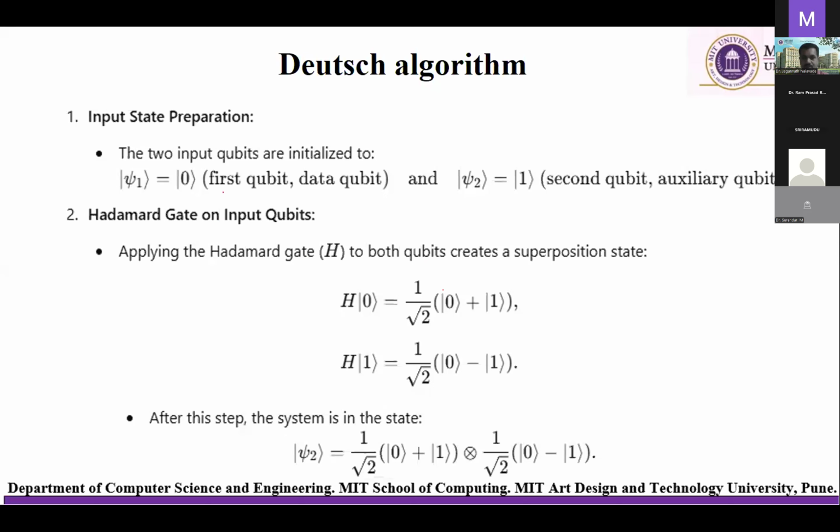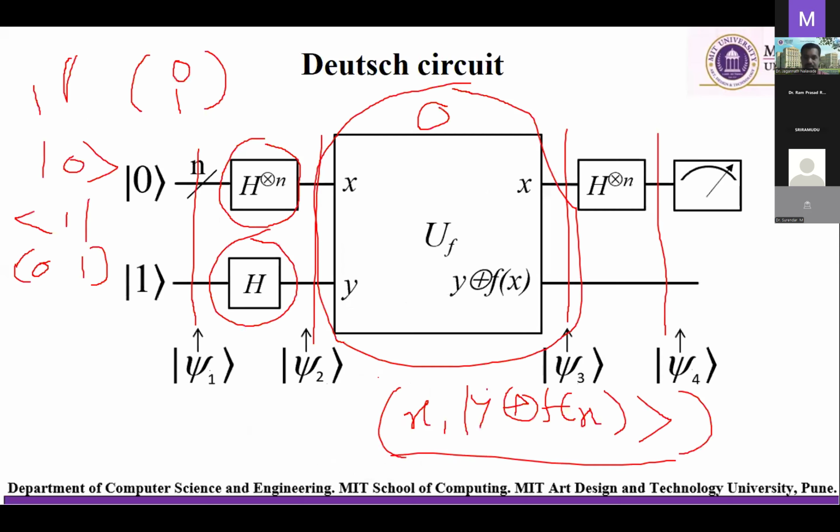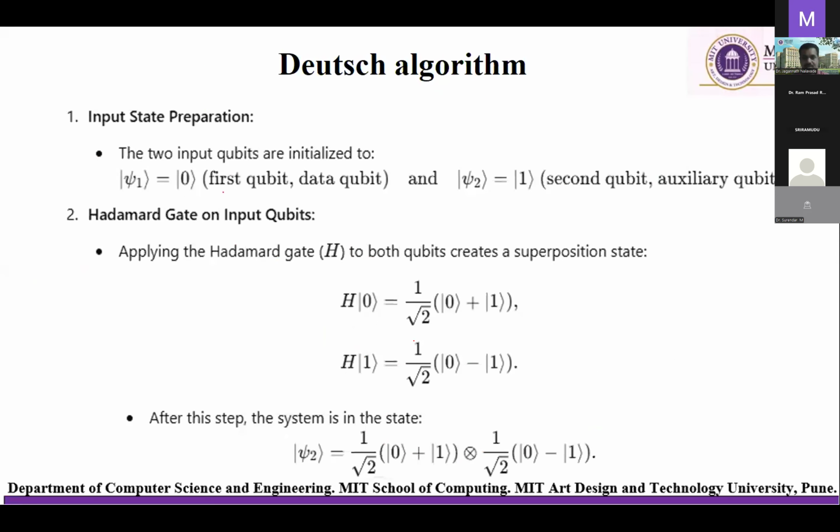The outcome from the first Hadamard gate will be 1 by square root of 2 times (ket 0 plus ket 1), and for the second Hadamard gate, it is 1 by square root of 2 times (ket 0 minus ket 1). This is ket psi 1.